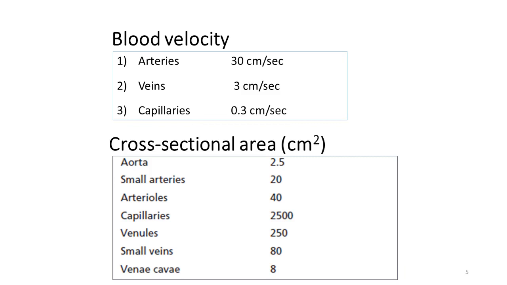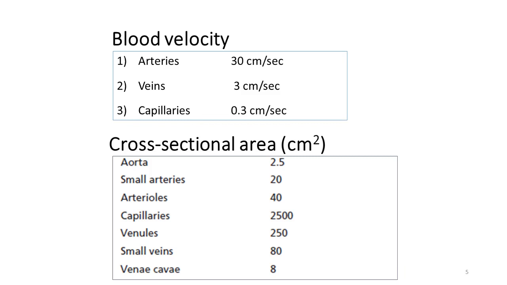Also, you can see cross-sectional area in different vessels. For example, in the aorta, cross-sectional area is about 2.5 centimeter squared. In arterioles it is about 40 centimeter squared. In small veins it is 80 centimeter squared. And the important thing, in capillaries it is about 2500 centimeter squared, and you can compare it with the cross section of the aorta or arterioles.